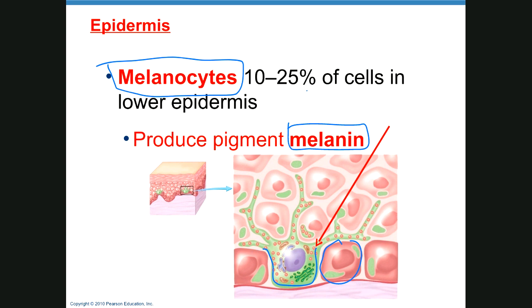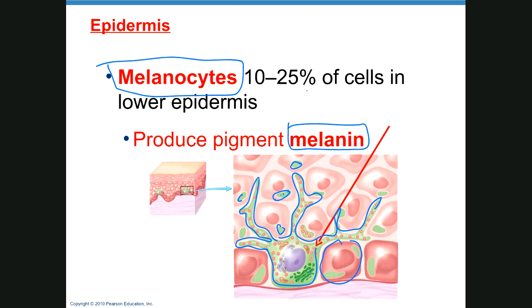And then notice how the cell creates these extensions of the plasma membrane right there. And the extensions go to the higher layers. And then these little vesicle-looking structures are going to pinch off these extensions. And these vesicles are going to have pigment.